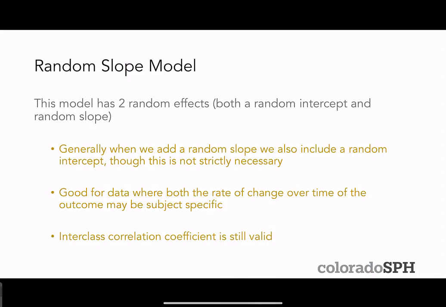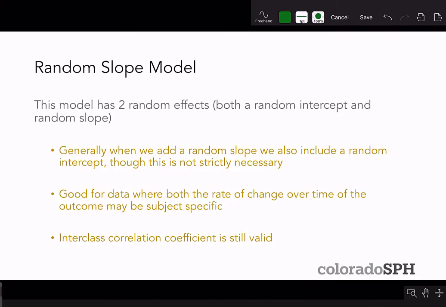So the next model that I'm going to discuss is the random slope model, which is very similar to the random intercept model, but now we allow subjects to have their own slope as well as their own intercept. The models I'm going to show you are going to have two random effects: both a random intercept and a random slope.